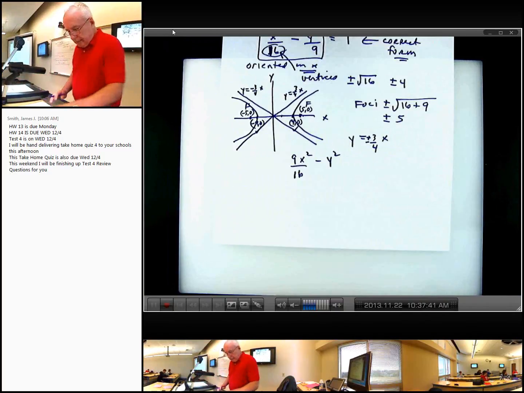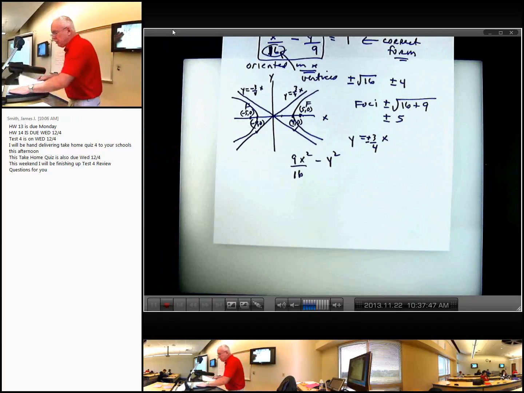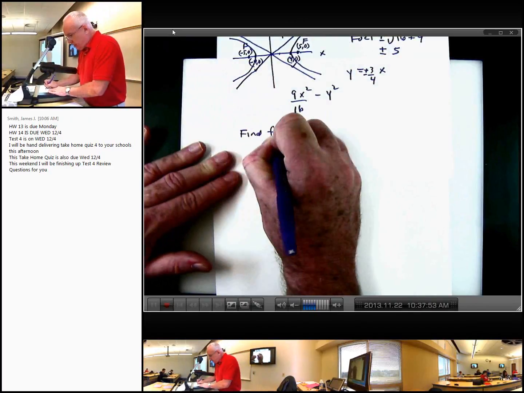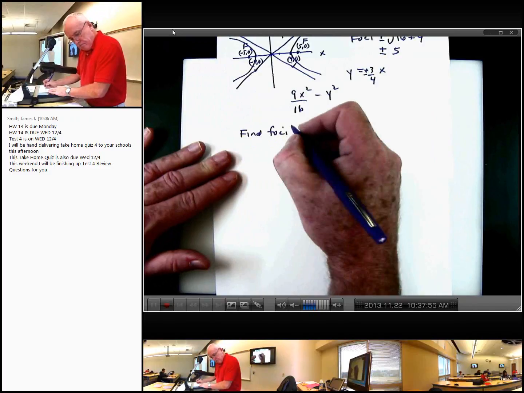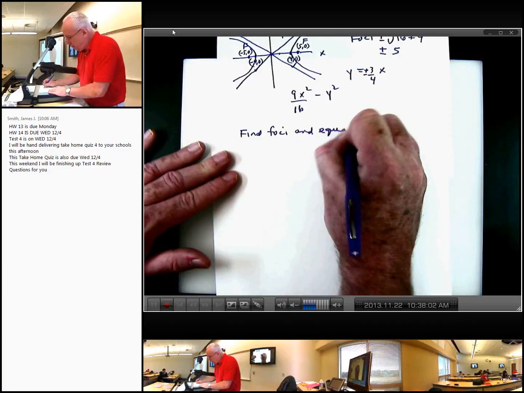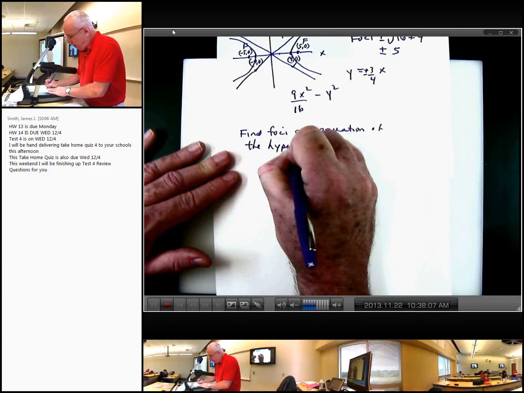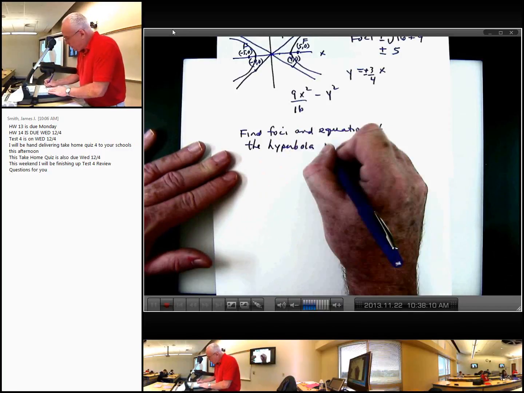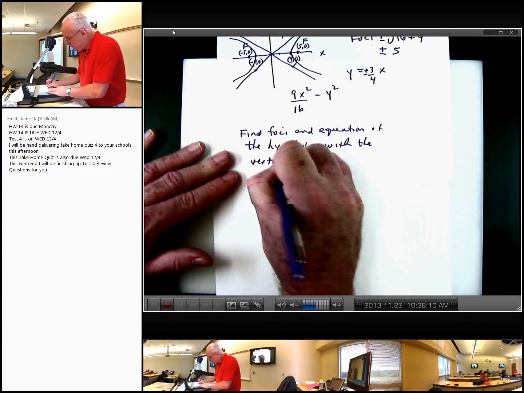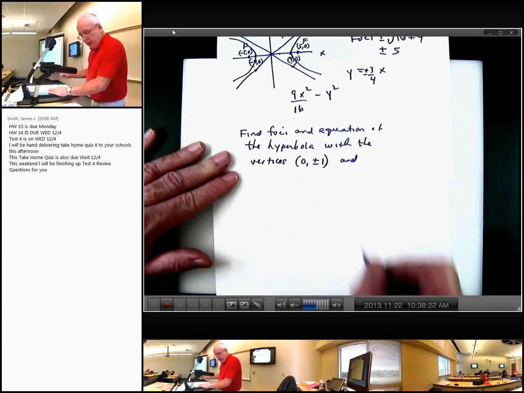All right. Let's look at another one. Here it's presented a little differently. Find the foci and equation of the hyperbola with, now we're given the vertices, with the vertices (0, plus or minus 1), and we're also given the asymptote.